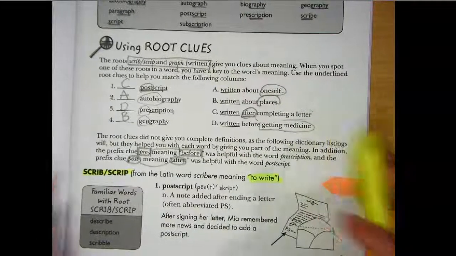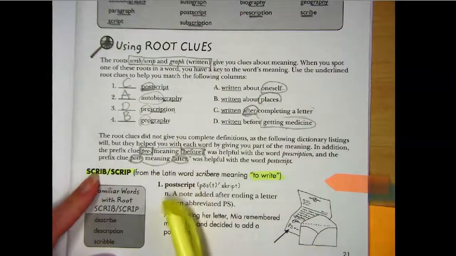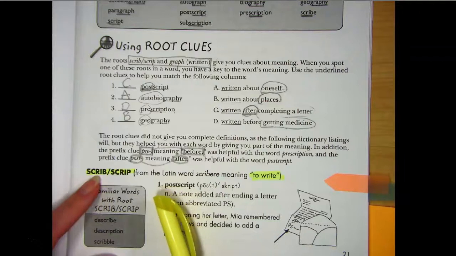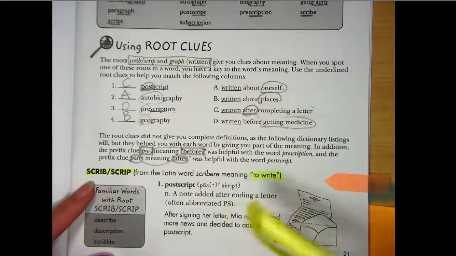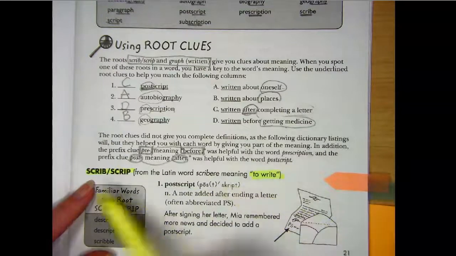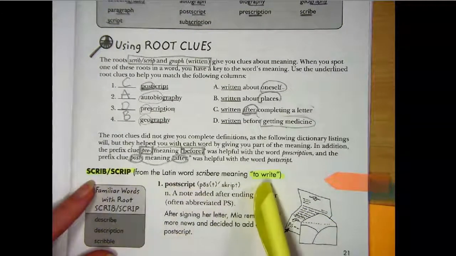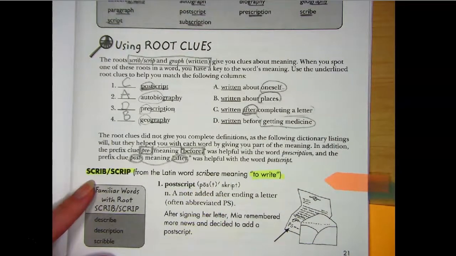When we take a look down at the very bottom, once we pass the clues section, you're going to notice that there is a title before the definitions of the words begin. Each section of root word has a title and the meaning of the root word followed by whichever words fit in that root.